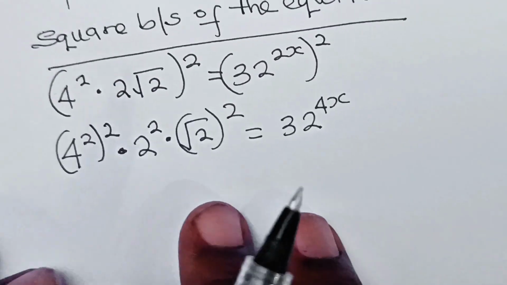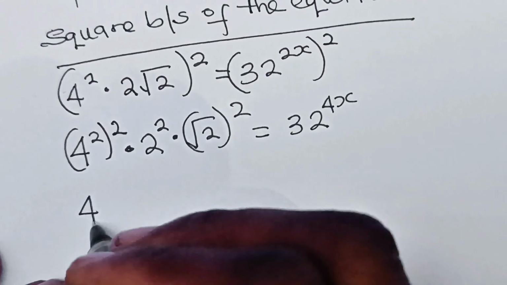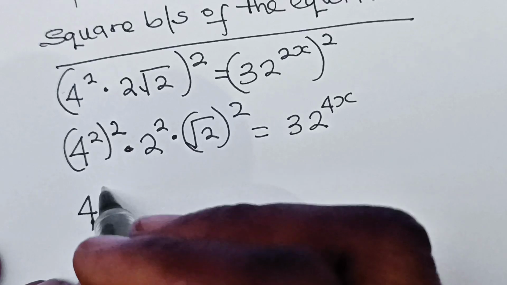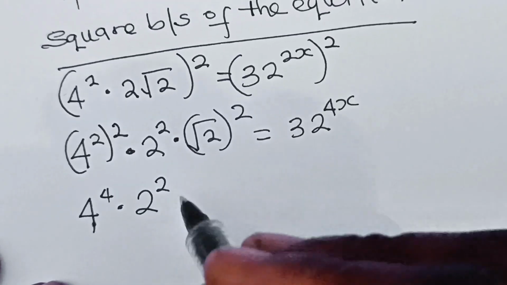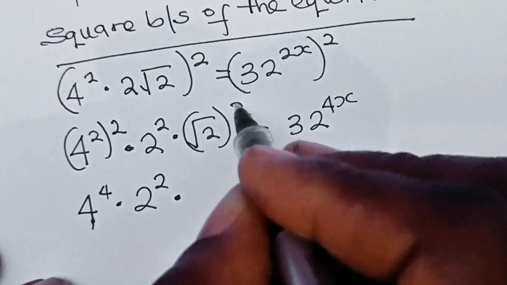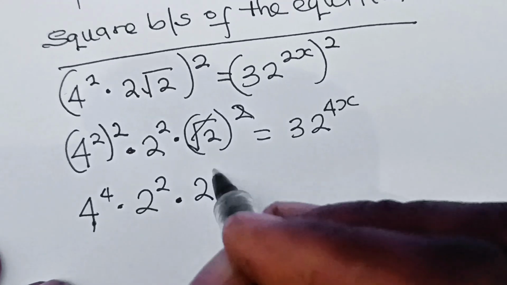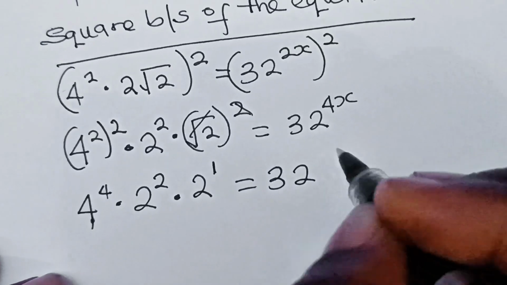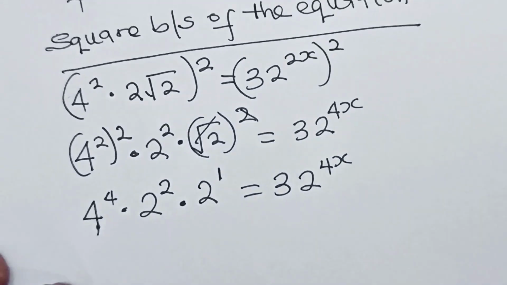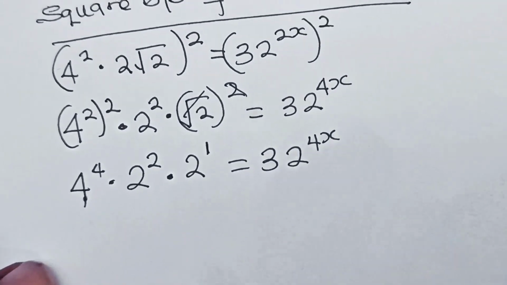So we have 4 raised to the power of 2 times 2, which is 4, multiplied by 2 raised to the power of 2, multiplied by this, remove this, you just have 2, which is the same as 2 to the power of 1, is equal to 32 raised to the power of 4x. Okay?